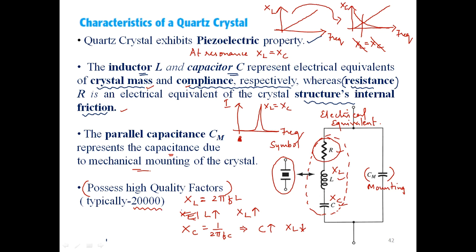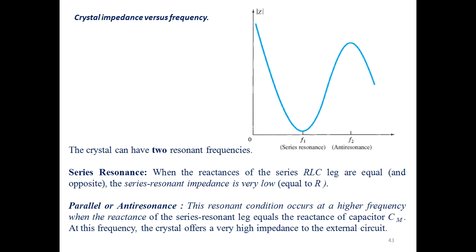The higher the quality factor, the better the device is with respect to stability. So the crystal impedance versus frequency observed in the case of a quartz crystal is like this.